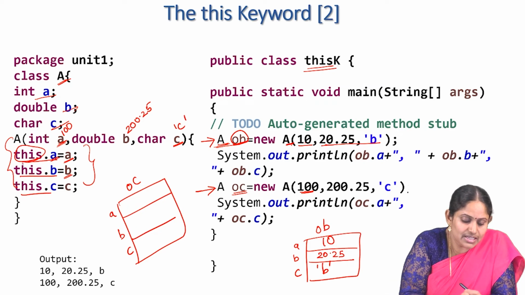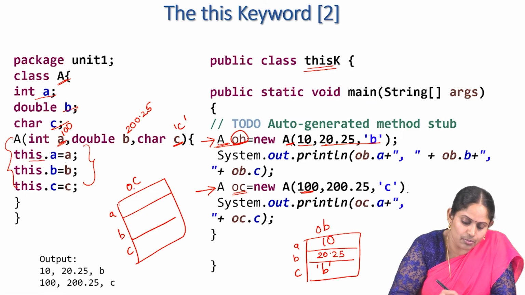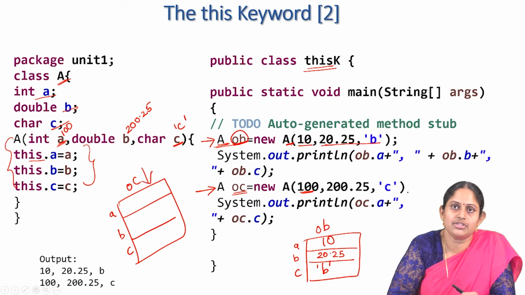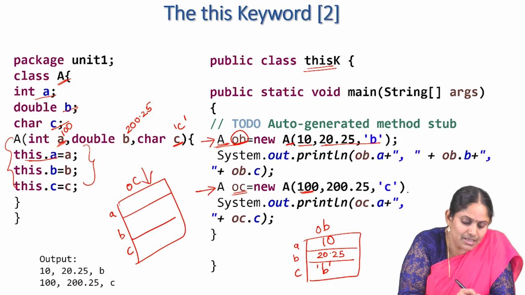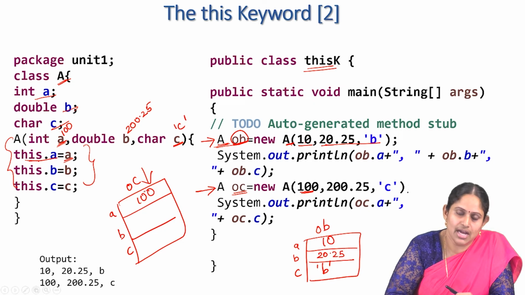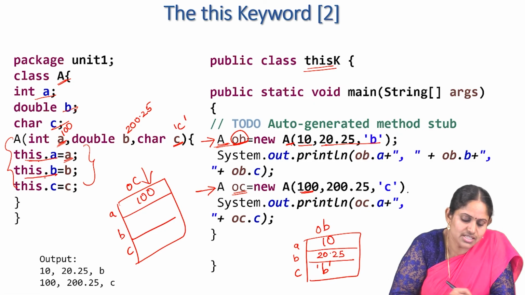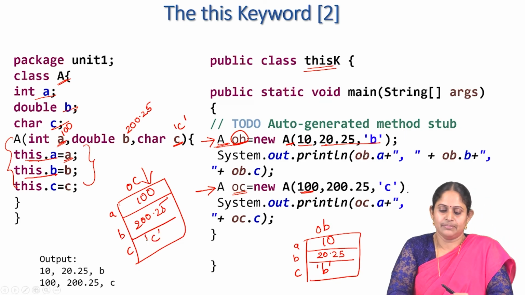When it calls this.A in the second case, it refers to the object OC. So OC's A is set to 100, OC's B is set to 200.25 and OC's C is set to character C.